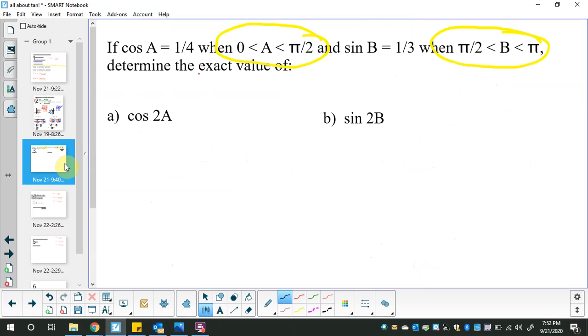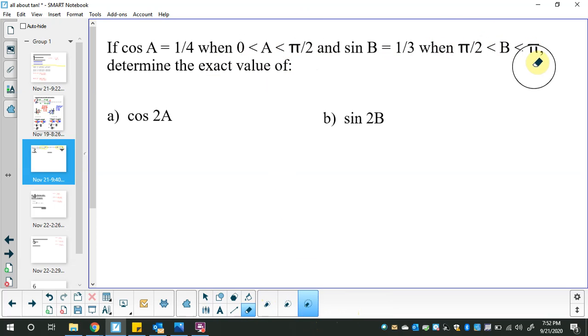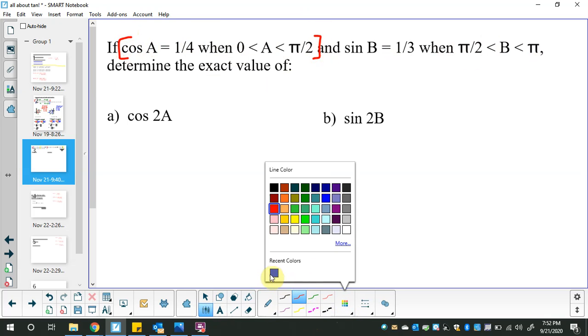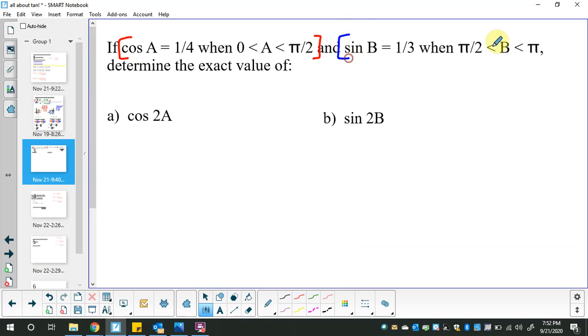Let's do one for double angles, and we've got that same stuff. So I'm going to erase that stuff that tells you it's one of these questions. And then I'm going to translate. And again, I'm going to keep with my color coding. So I'm going to do red for this stuff, and blue when I switch to picture B. I'm still concerned about exact value.